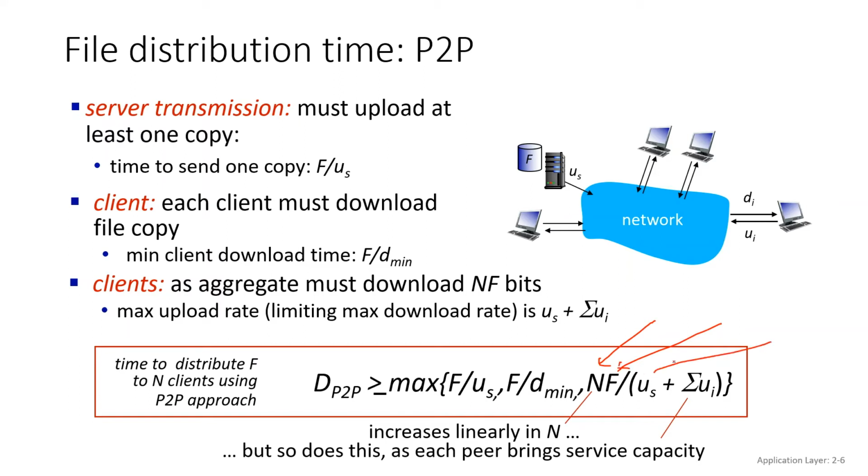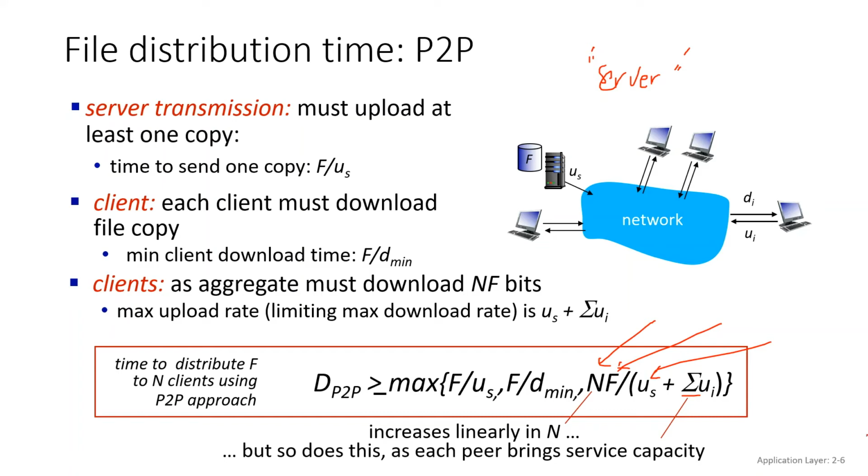And then we have the upload rate from the server, in double quotes here, because it's the computer that has the file and sends it. And then we have the upload rate of all the other computers in the network that do have the file. So each peer brings service capacity.